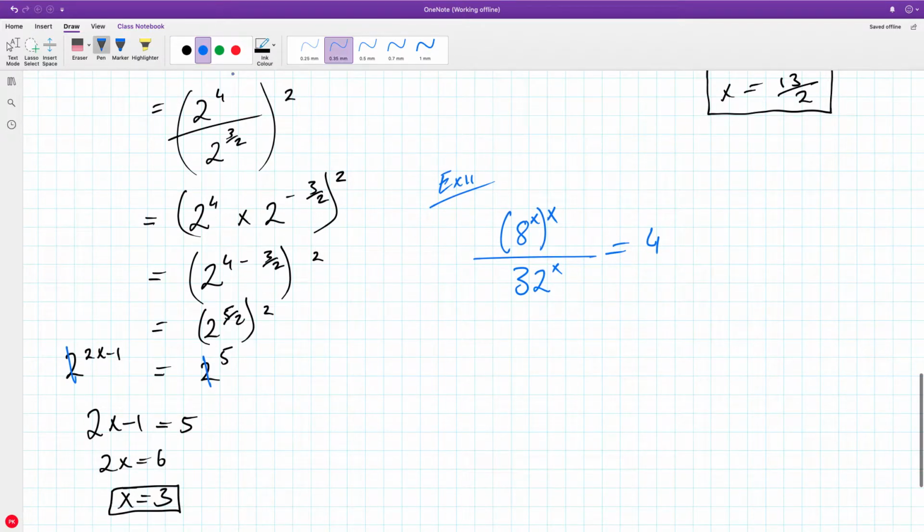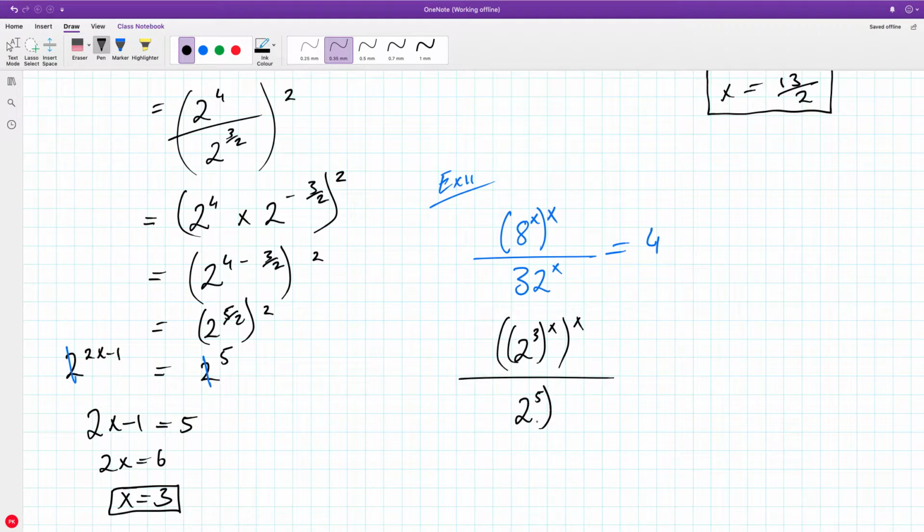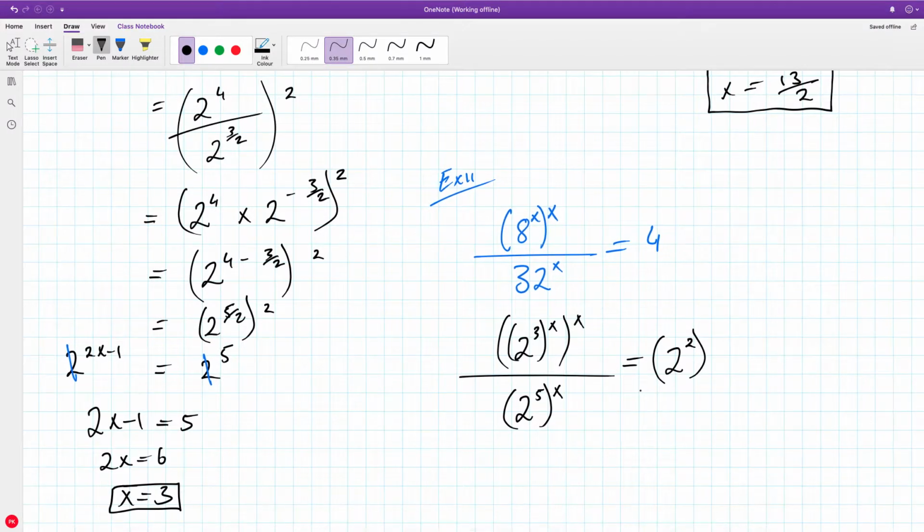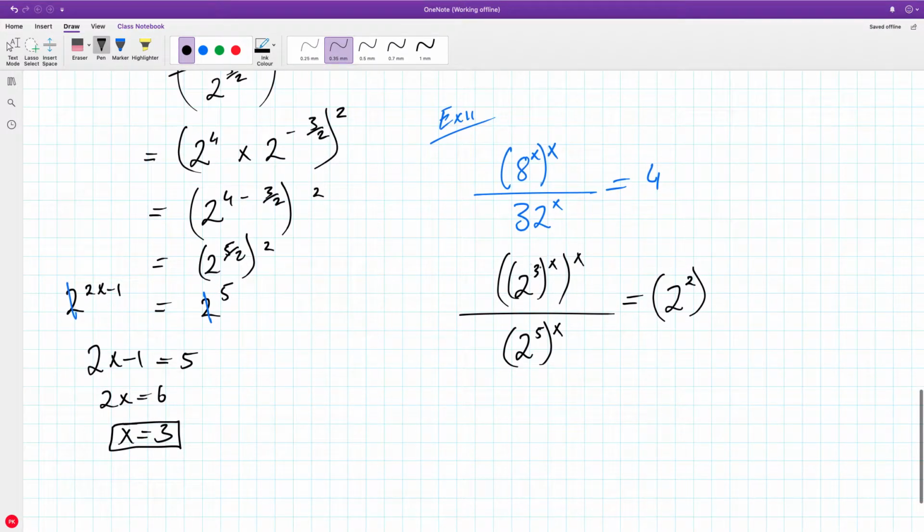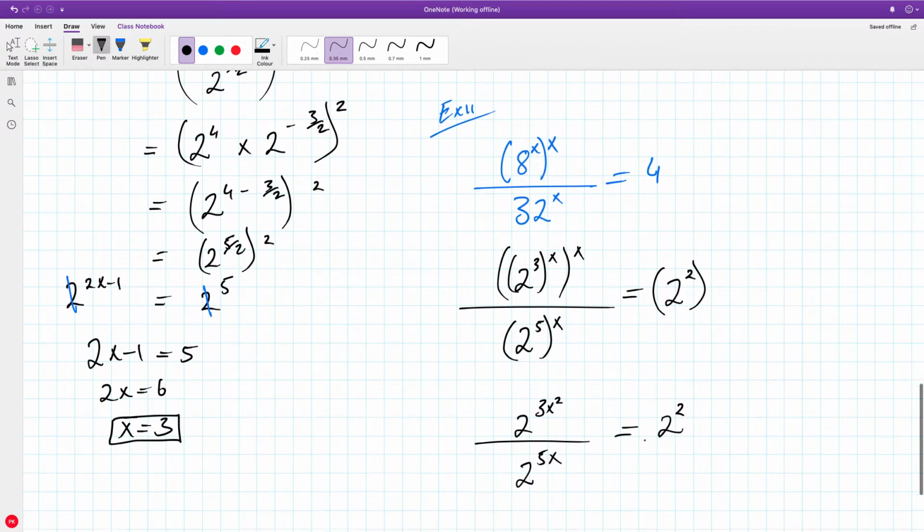So that becomes 2 to the power of 3 to the power of x, to the power of x, over 2 to the power of 5 to the power of x, is equal to 2 to be squared. We all happy with that? 3 to the power of x to the power of x becomes 2 to the power of 3x squared over 2 to the power of 5x is equal to 2 to the power 2.